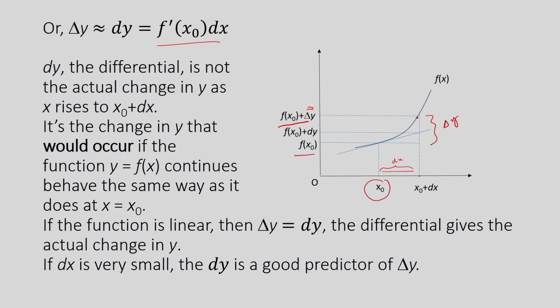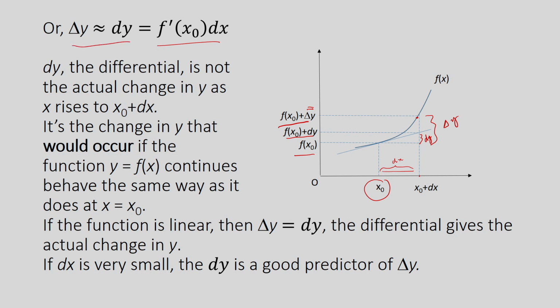So, geometrically how we can understand that is that dy is this particular value. Okay, this is the value of dy, and I have written that here also, because this entire value is f(x0) plus dy. So, that is why I have written that dy, the differential, is not the actual change in y as x rises to x0 plus dx. dx, dy and delta y are different, they are close, but they are not equal.